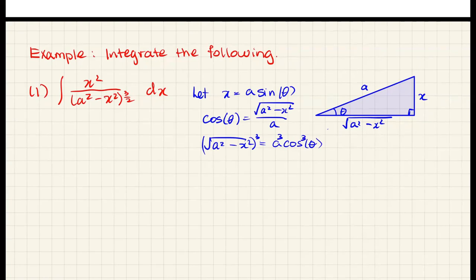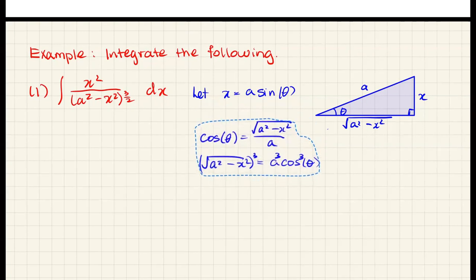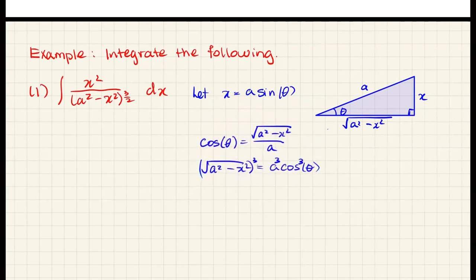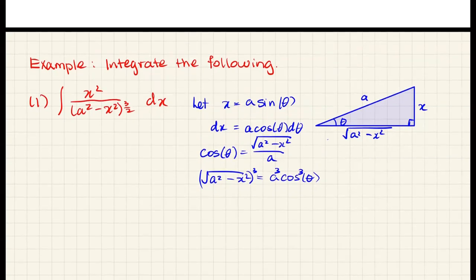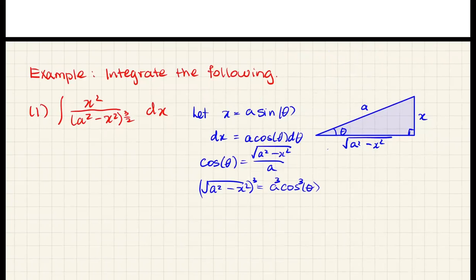And next, similarly, we need to find our dx, which is just going to be a cos theta d theta. Now putting everything in, we know that x we're going to let be a sine theta, so x squared is a squared sine squared theta.